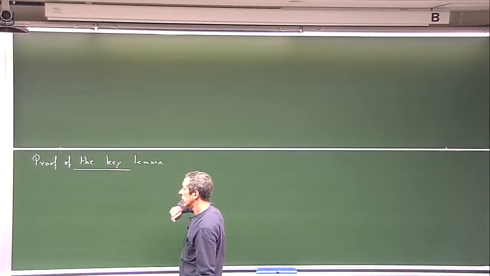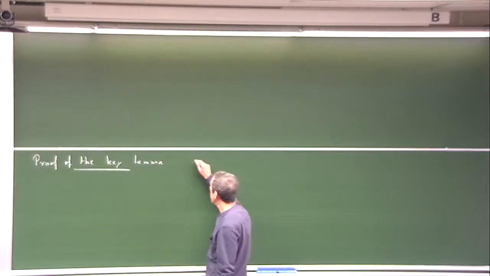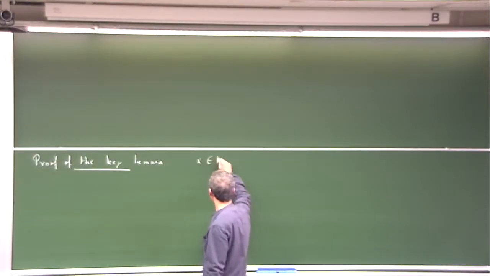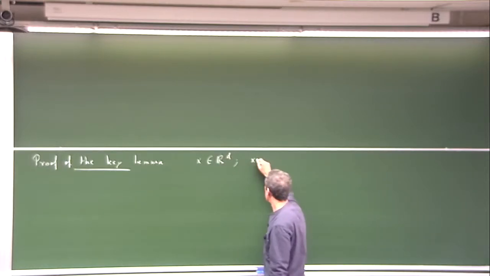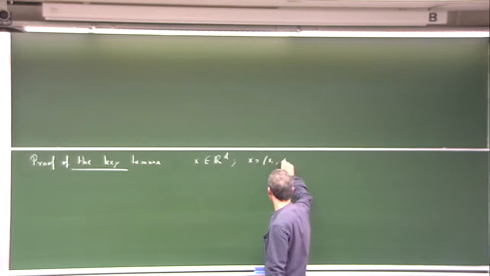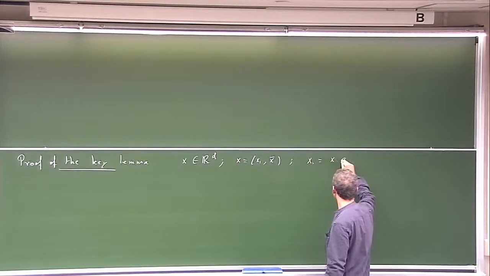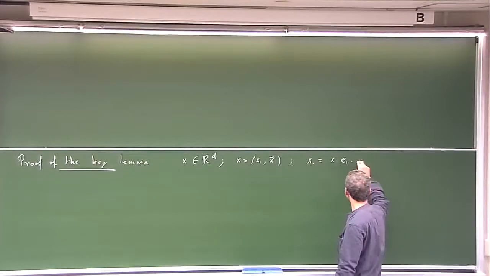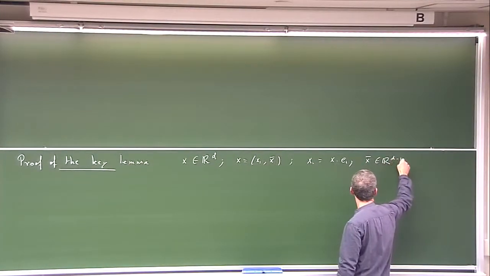Just to fix the notation, E1 is the vector in the first direction. A point x in Rd, we will write it as x1, x bar, where x1 is the first coordinate, and x bar is the rest, and x bar is in Rd minus 1.